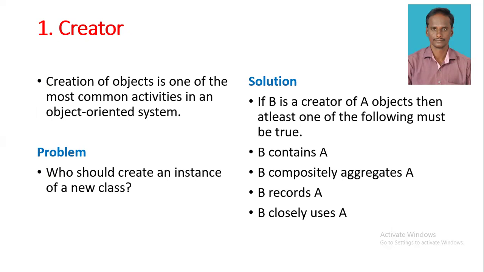For that, we have a solution. For example, if you have two classes called A and B, if B is a creator of A objects, then at least one of the following must be true: B contains A, or B compositely aggregates A, B records A, or B closely uses A. Any one of the four must be satisfied.